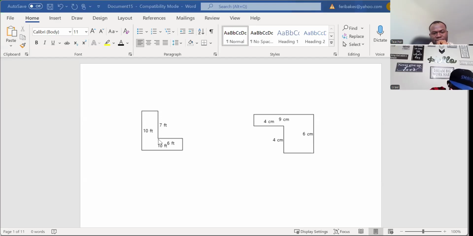This distance here is 7 feet. This is 6 feet, and this is 10 feet. You have to find this part and this part. Then you're going to solve for the perimeter as well as the area. Okay, so that's the first question.